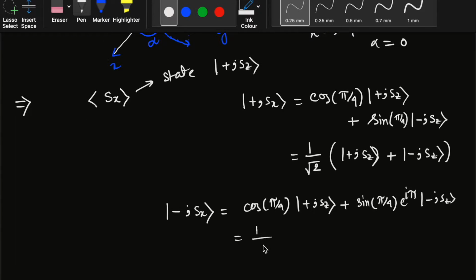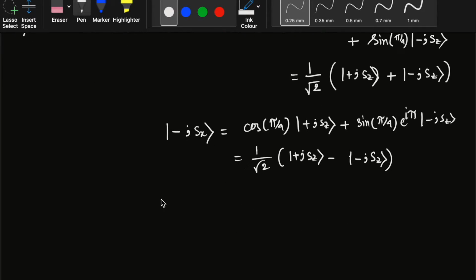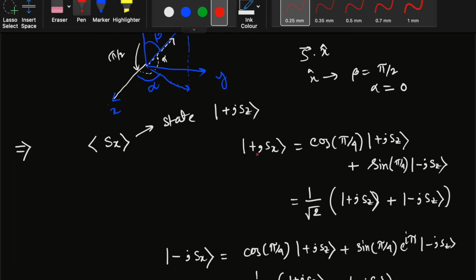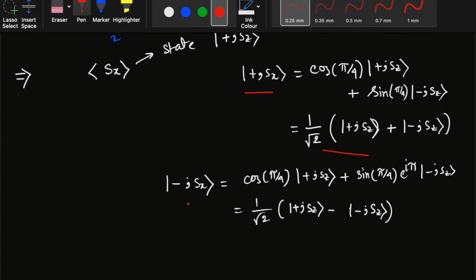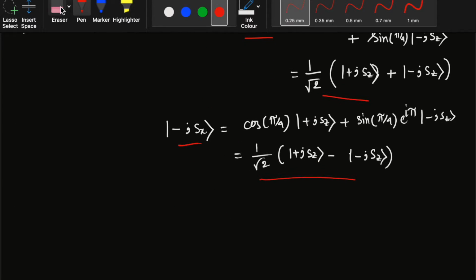That means 1 by root 2 times plus Sz plus, since e to the power i pi is minus 1, minus minus Sz.